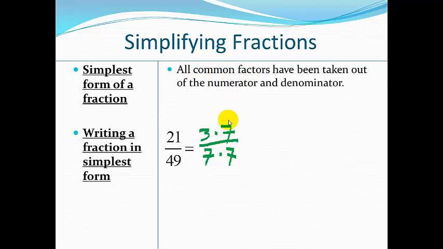The common factor that I have is this 7 over 7. So I'm going to divide out the 7 over 7, and I'm going to be left with 3/7. So there is nothing else I can factor out of this, so we would call this one fraction in simplest form. Let me highlight that for simplest form.